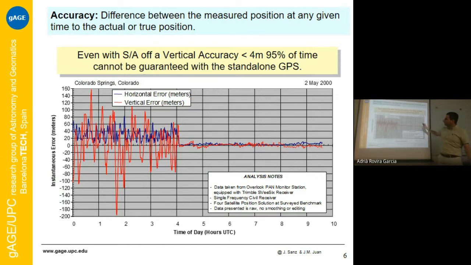Here, this picture, we already saw it last week when we were talking about this particular day, 2nd of May 2000, in which the selective availability was disconnected.